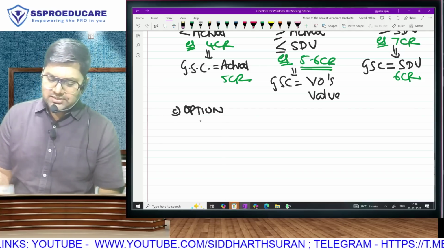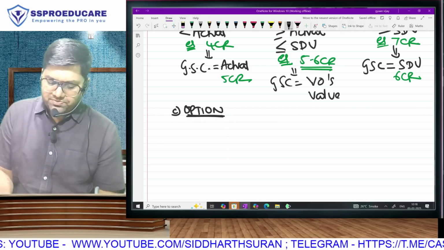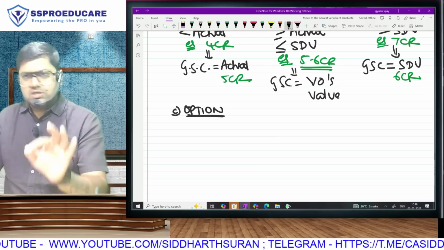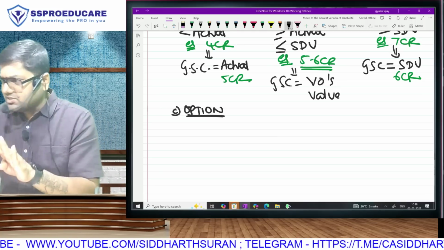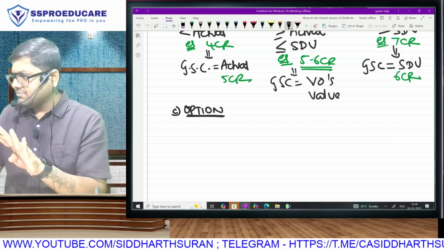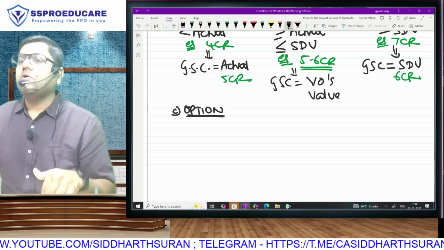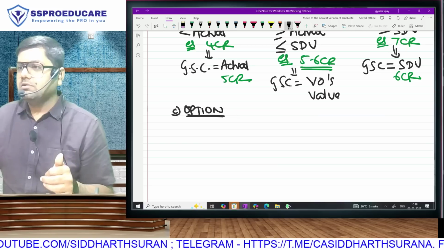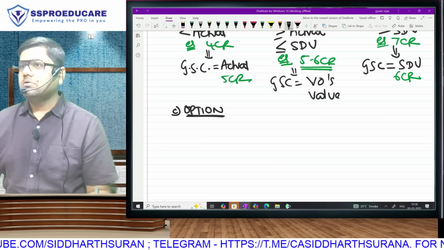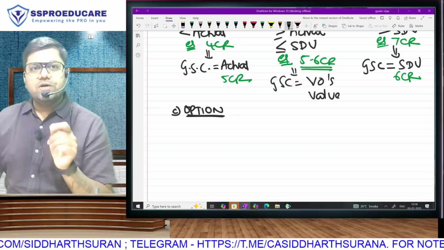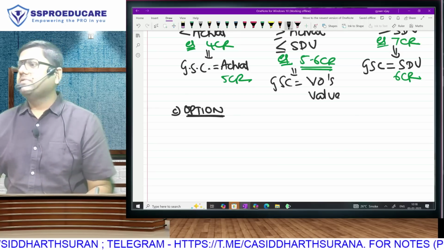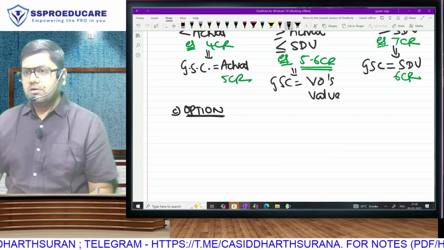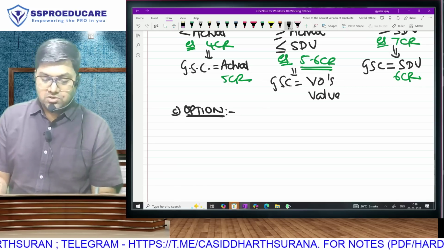And whenever in tax we have an option between something, we will always choose wherever there is less tax, because CAs are partners in nation building. No, first build your own career, then build the nation. Charity begins at home. So we will obviously choose whichever is lower. So for that you should know that it is optional.